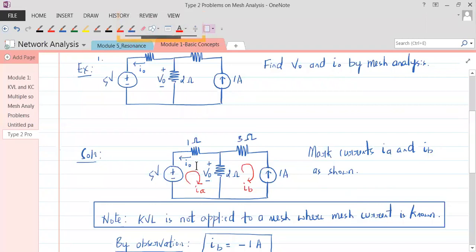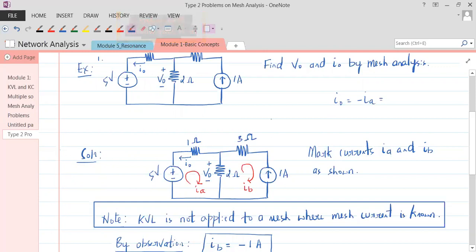Just look at this. Where is I0 flowing? It's flowing to the left in this 1 ohm, right? And IA is also flowing through this 1 ohm, but in the opposite direction. So I0 is minus IA. That's simple stuff, you just need to observe it properly.